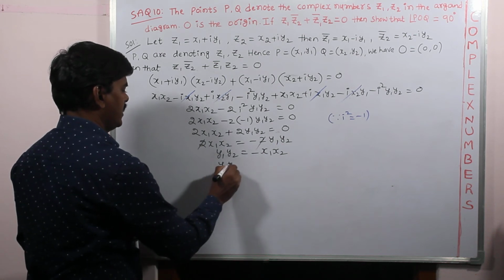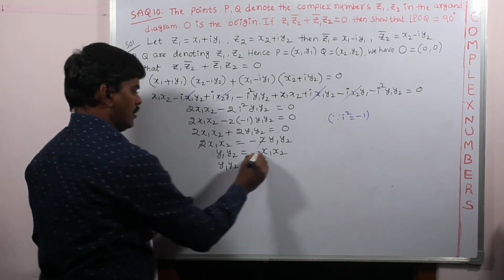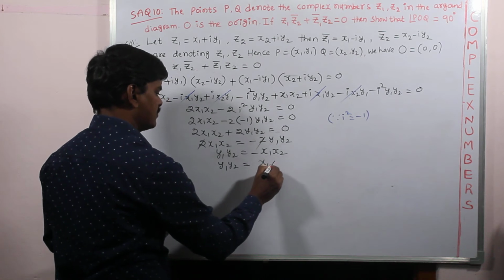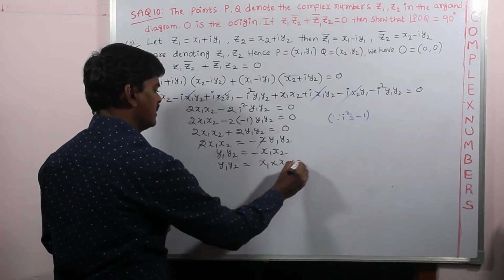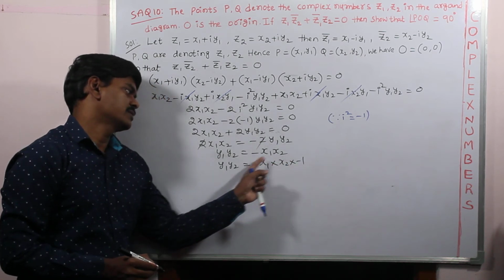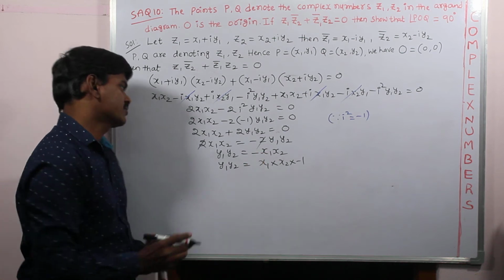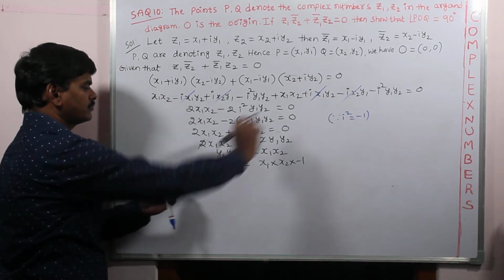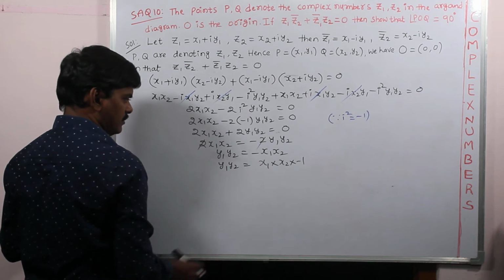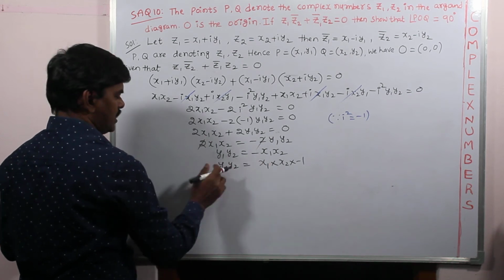So y1 y2 is equal to x1 x2 into minus 1. Now transpose x1 from RHS to LHS.